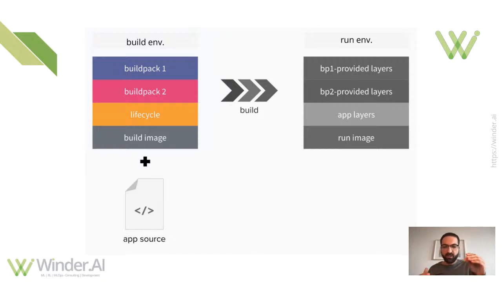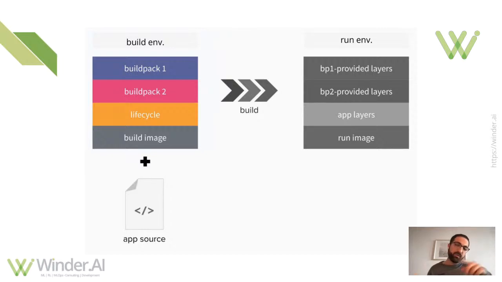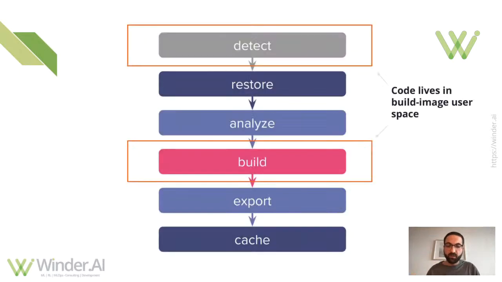All these Buildpacks will produce artifacts that are stored into layers. This will then be handed over to the runtime image. But let's dive quickly into what a life cycle is, which is a number of steps run by each of the Buildpacks.